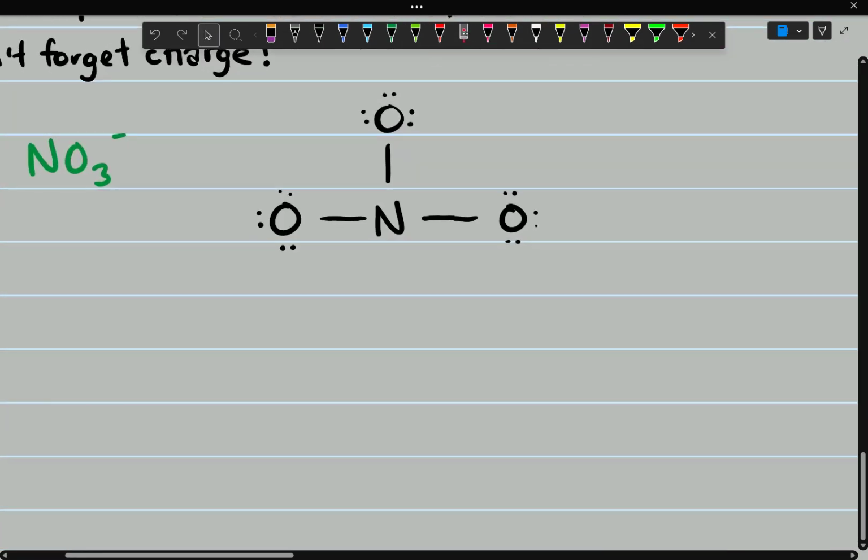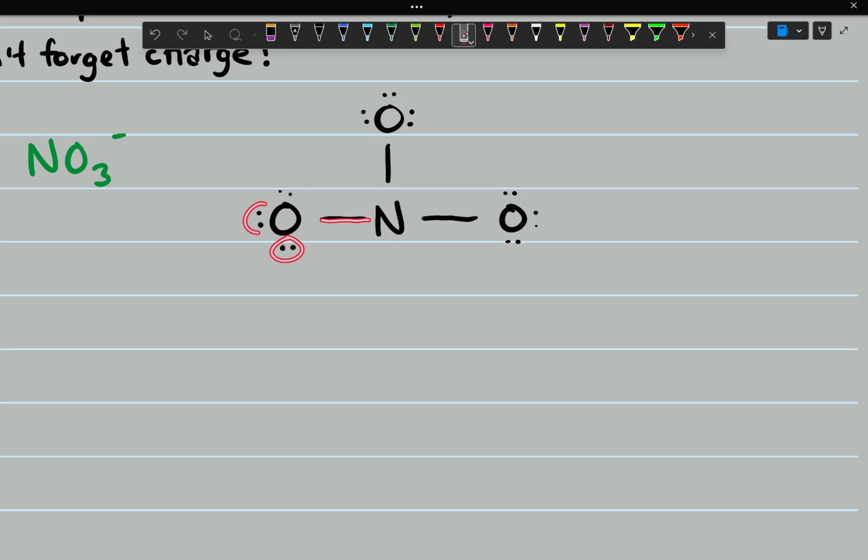So first, let's see how many valence electrons we have already. So we have 2, 4, 6, 8, 10, 12, 14, 16, 18, 20, 22, 24. So we actually already have 24 valence electrons.